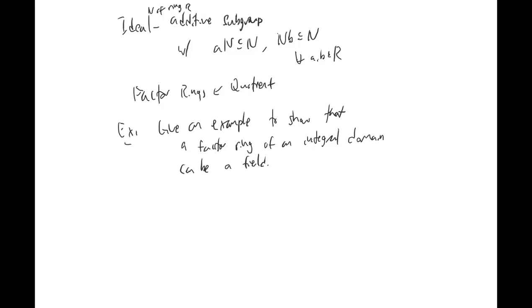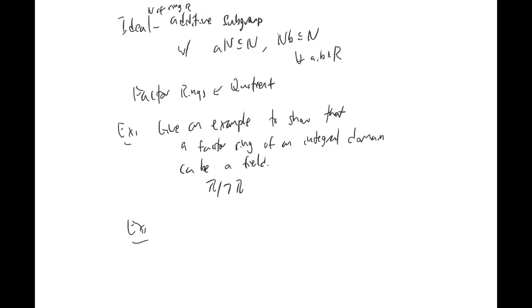What integral domain do you know such that when you quotient out by an ideal, you get a field? Yeah, Z mod 7Z, right? Good. Okay.